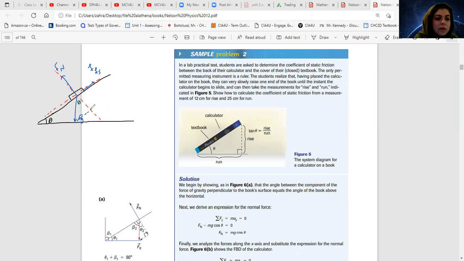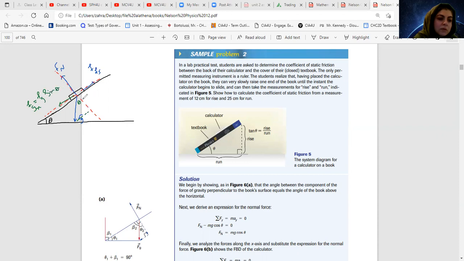F of g in the x direction: since opposite is sine, it's going to be F of g sine theta.